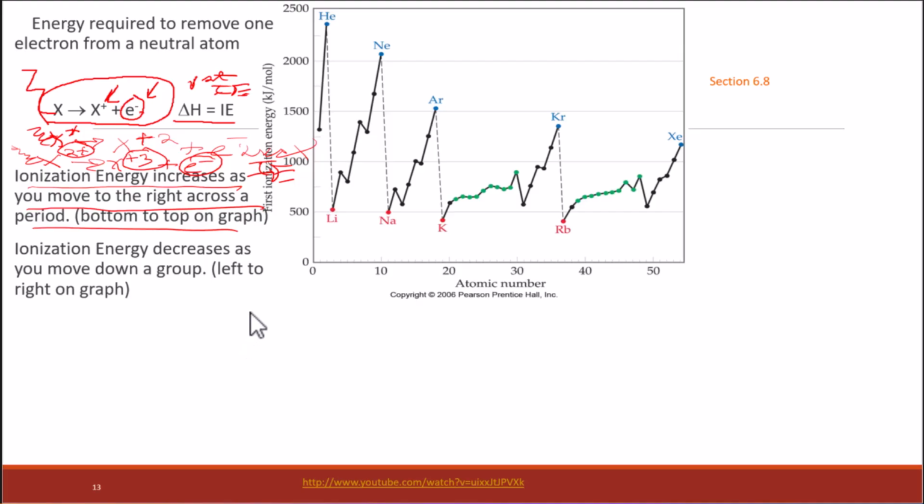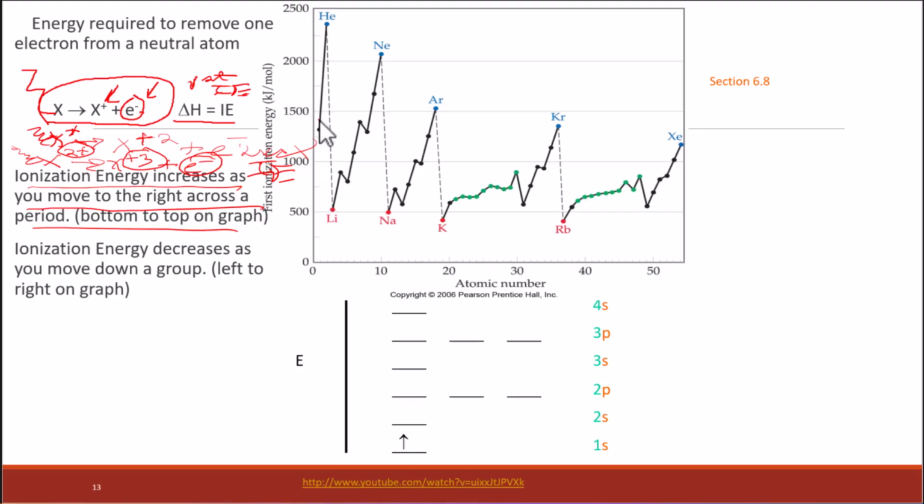Now, we're going to take a look at some real data here. And I've got a little animation for you. And so you've got ionization energy on the y-axis. And here's our orbital diagram. And so let's start with hydrogen. Now, hydrogen has one valence electron, but it's very close to the nucleus.